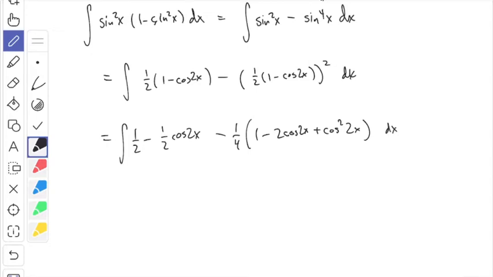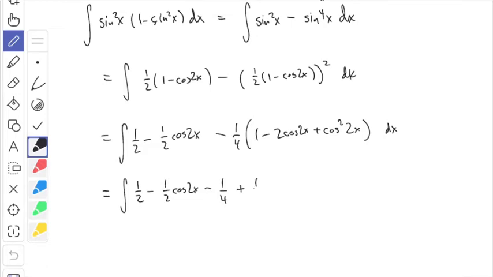And now these are all looking pretty good. Let's distribute the 1/4 and combine them, because we have some opportunity for combining these terms here. Why is that? Because the 1/2 gets squared in there, and then also that binomial part gets squared. So I got 1/2 minus 1/2 cosine 2x minus 1/4. I'm distributing the 1/4 here.